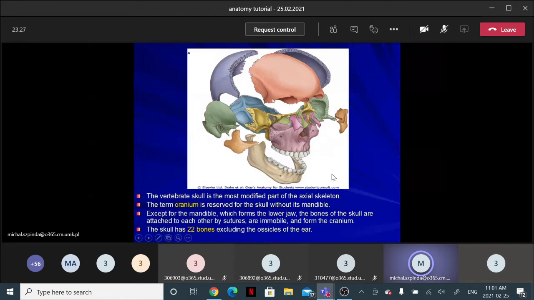And just here on both sides, we have a very difficult bone, the temporal bone, that has 4 parts. The superior part is called the temporal squama that contributes to the calvarian roof. The second part is the mastoid part.